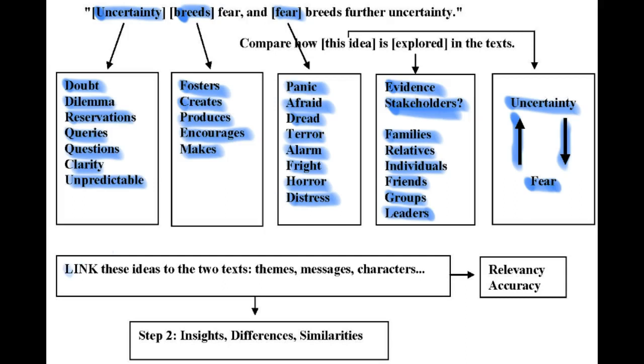So then we come to the idea of linking these ideas to the two texts, and that's when your year of study and knowledge accrual will help you identify what it is you need to talk about in context of this. And that in turn will then allow you to move on to step 2, insights, differences, and similarities.